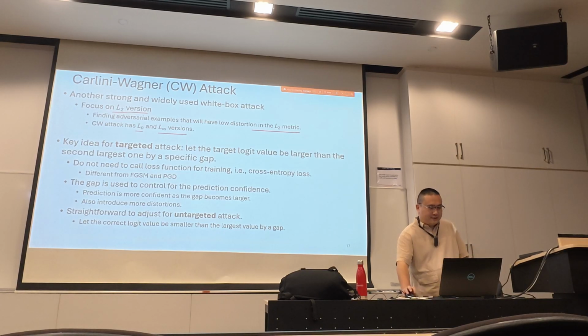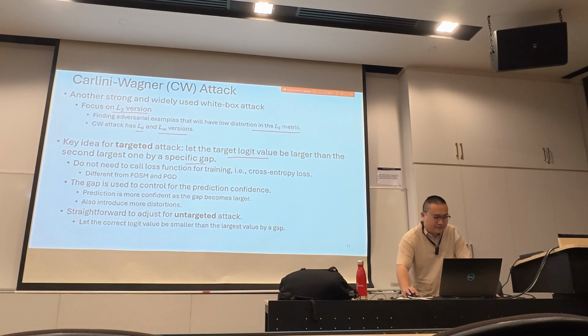The key idea for the CW attack is that we let the target logit value be larger than the second largest by a specific amount. So what does it mean? Given an image, for example, we are doing classification between dog, cat, and bird.